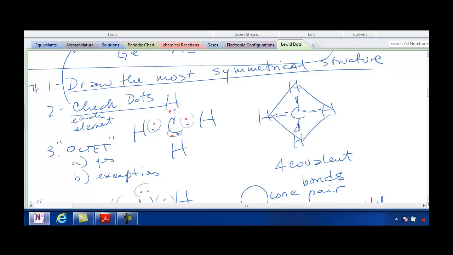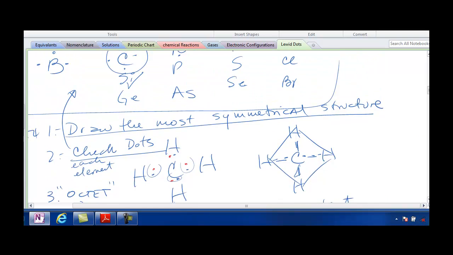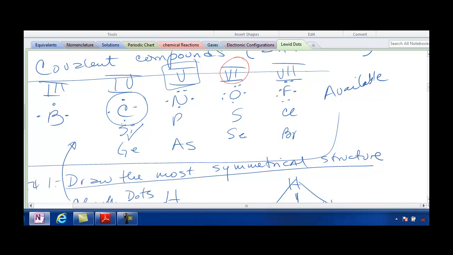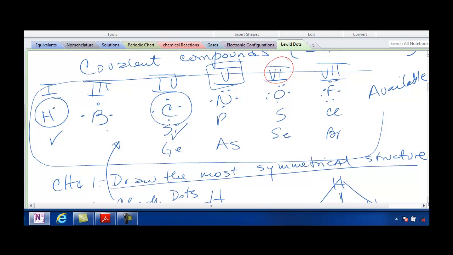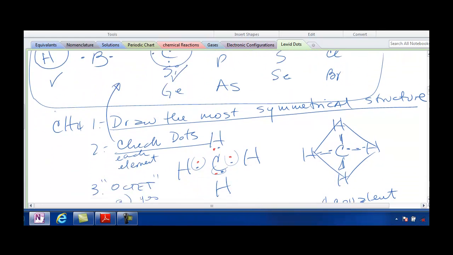Our first example was CH4, and we said that CH4 had carbon with 4 bonds, and the 4 bonds came from 4 electron pairs shared between the carbon and the hydrogen. So we looked at every element. Carbon had 4 dots, hydrogen had 1 dot, so we shared the 4 dots of carbon and the 1 dot of hydrogen.